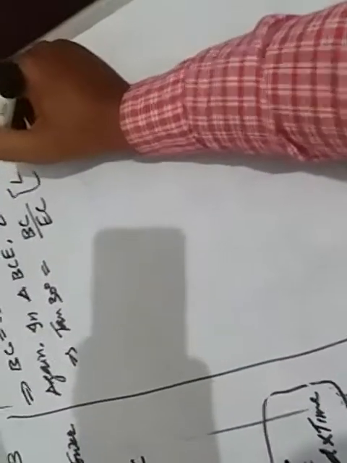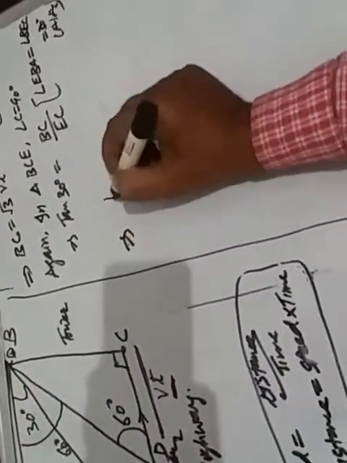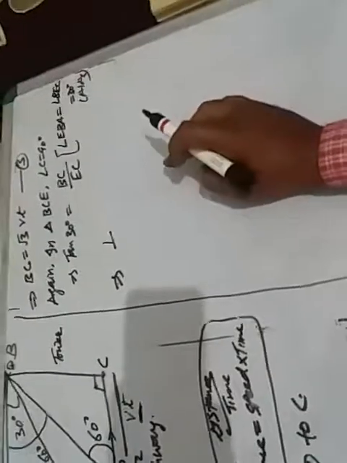Here same thing you can write down. Angle EBA equal to angle BEC equal to 30 degree, that is alternate interior angles. Okay children, this implies that tan 30 degree equal to BC upon EC.